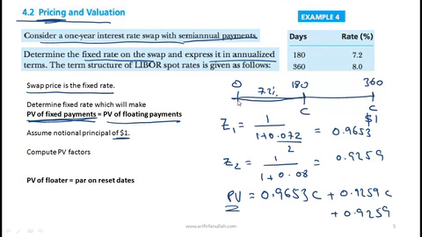And that is because, if you recall, for a floating rate security, at reset date, the value of a floating rate security resets to par value. Okay, so the point is, with a floating rate security, do we know what the next coupon payment will be? We do. Why? Because the next coupon payment is based on the interest rate over here.